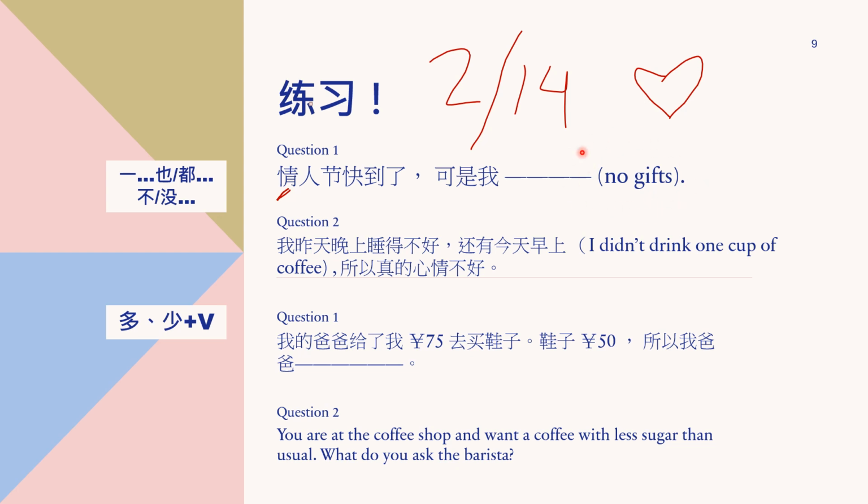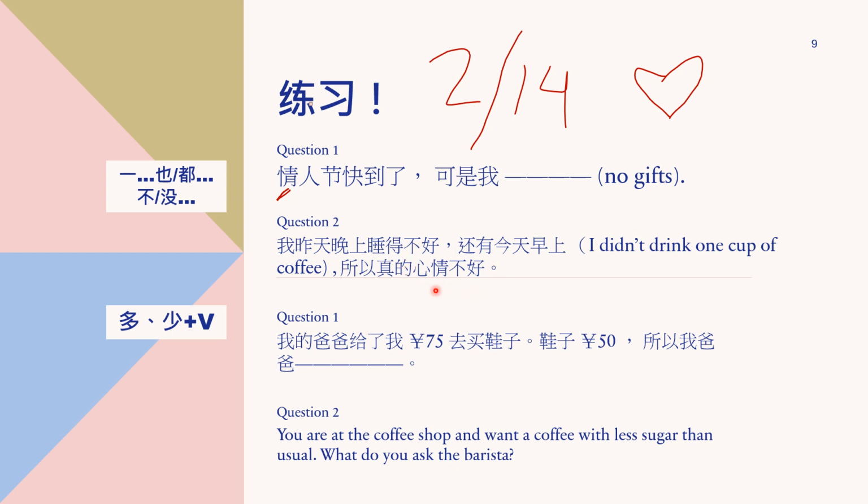I am so lonely. 下一个不是我要 mind your business. 老师不考试他的秘密 I'm gonna tell my secrets out here. 第二个问题我昨天晚上睡得不好。还有今天早上 I didn't drink a single cup of coffee， 所以真的心情不好，心情不好。My feelings are not good.